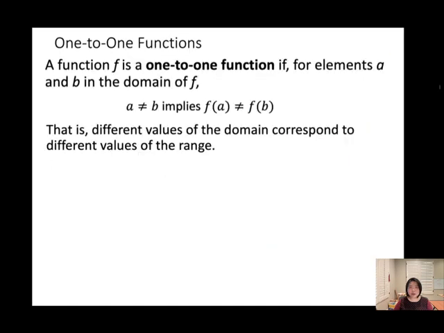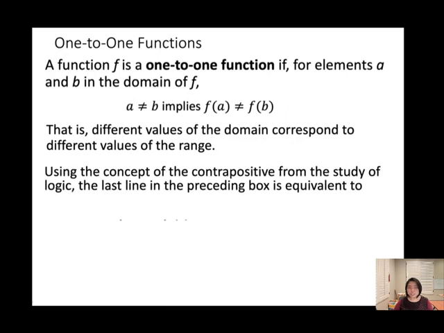A function f is a one-to-one function if, for elements a and b in the domain of f, a not equal to b implies that f of a not equal to f of b.